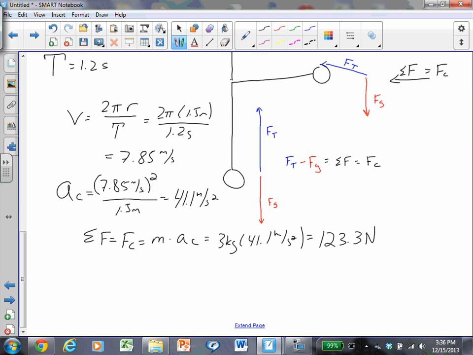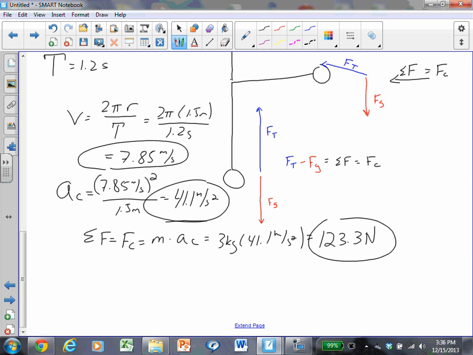These values stay the same. They don't change. They're based on the speed you're going around the circle and the mass.